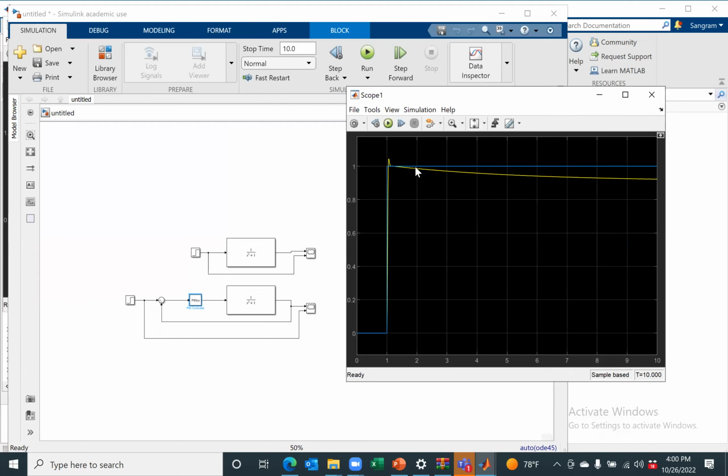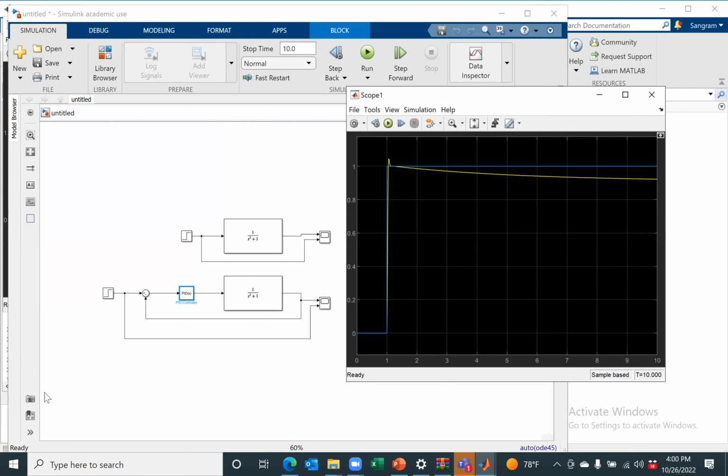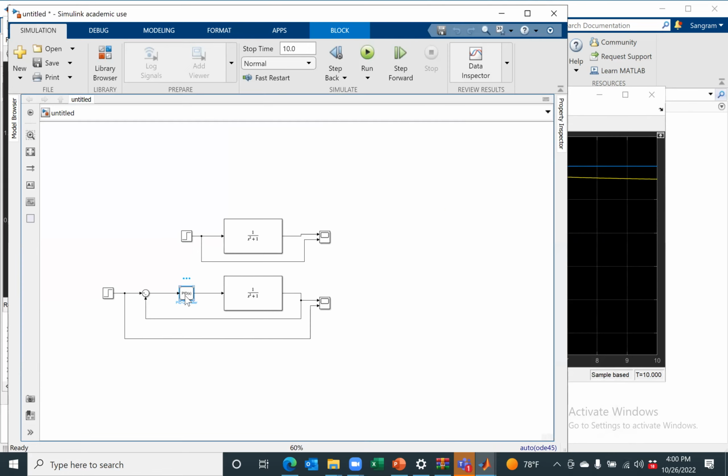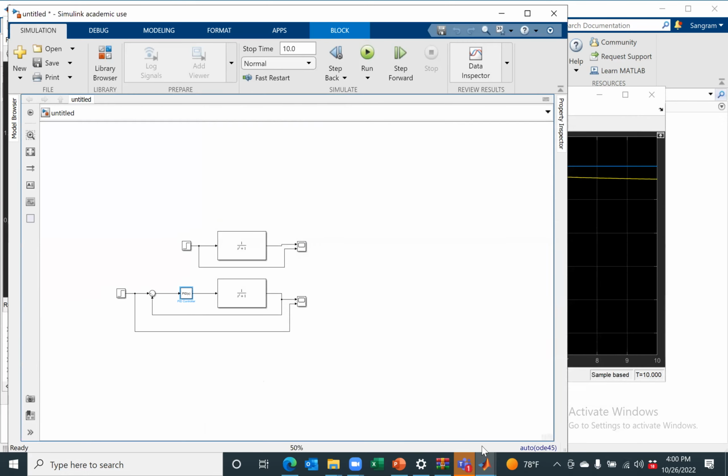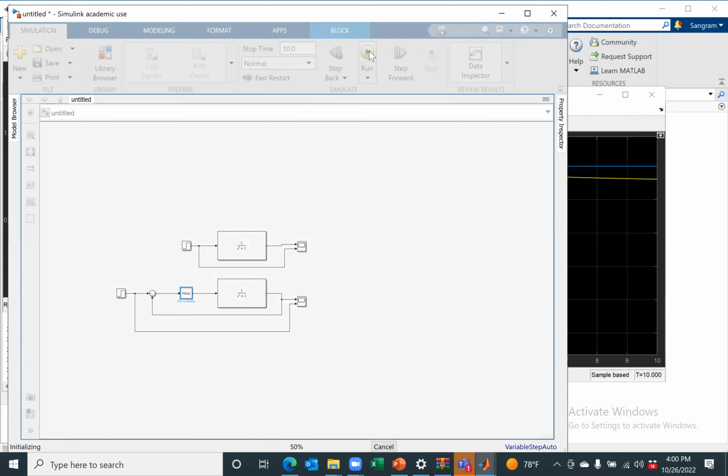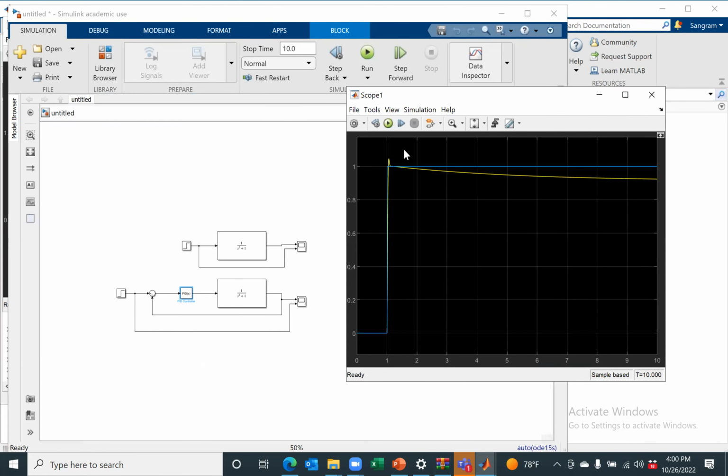So you can see that overshoot decreases. But then as time goes on, it kind of increases. So you can go back and now add an integral term, say 0.1, and then run. What PID tries to do is control the uncontrolled behavior of the system.